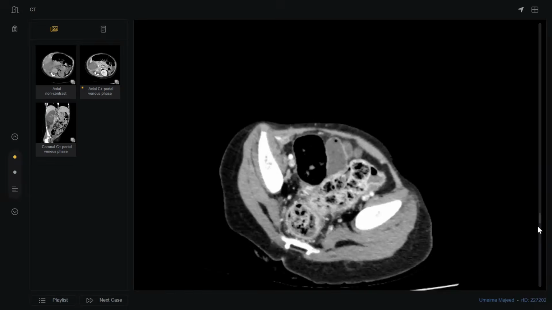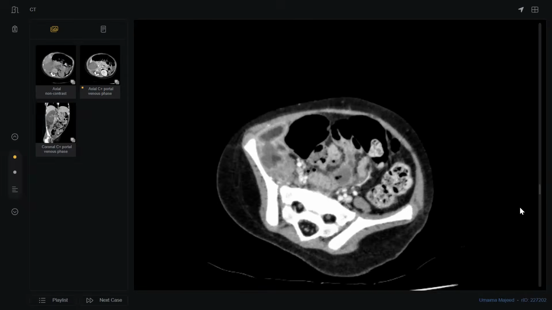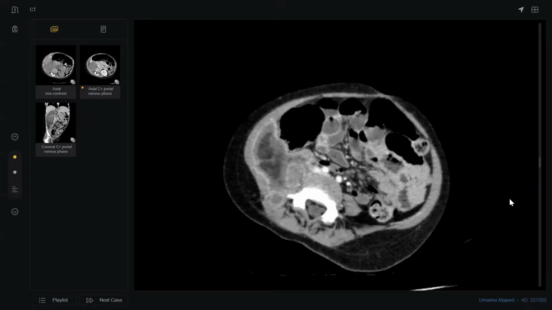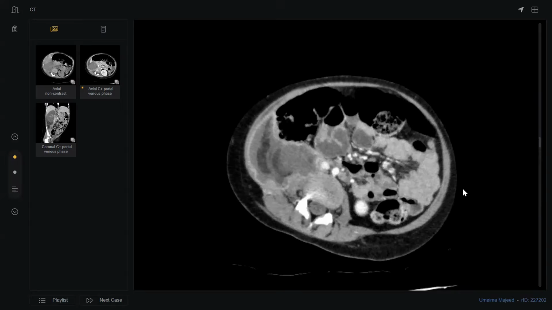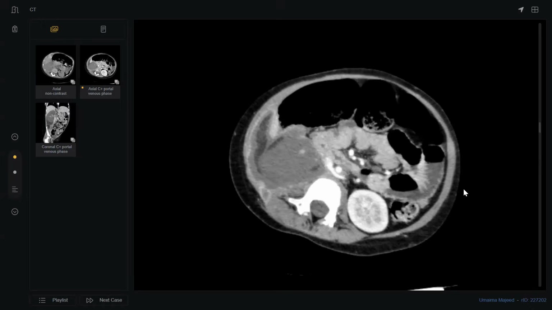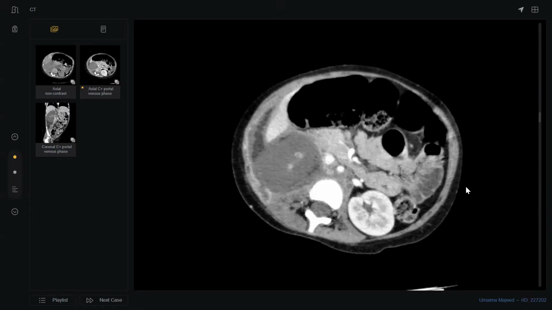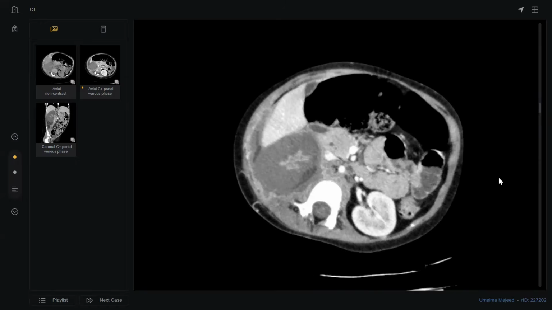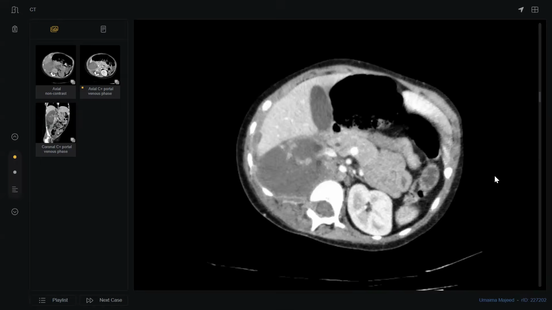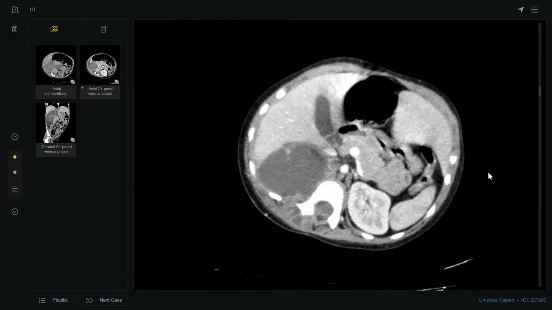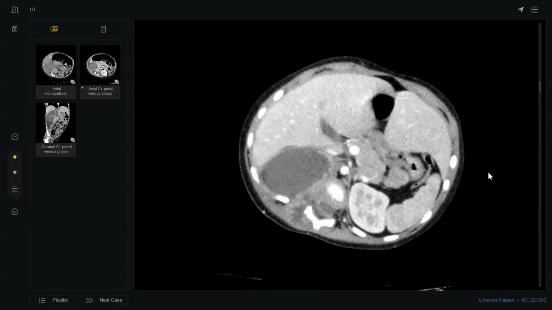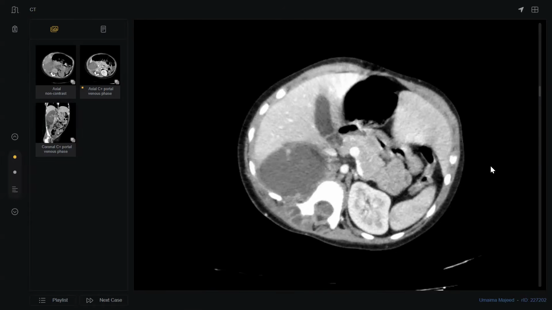Okay, going back to the site of abnormality, I can appreciate that the right kidney is completely replaced by a large hypodense area. It is predominantly of low attenuation with peripheral enhancement.